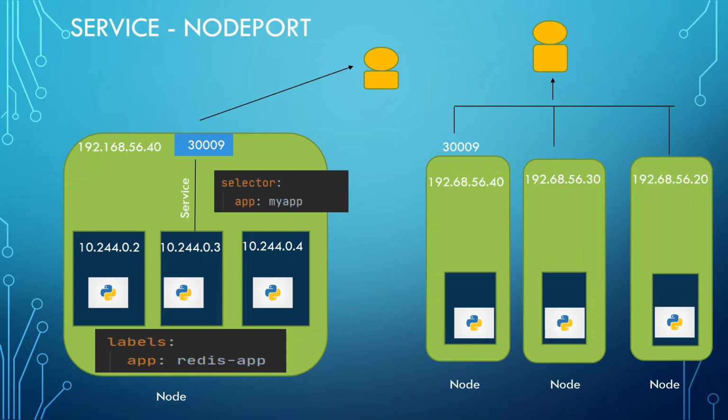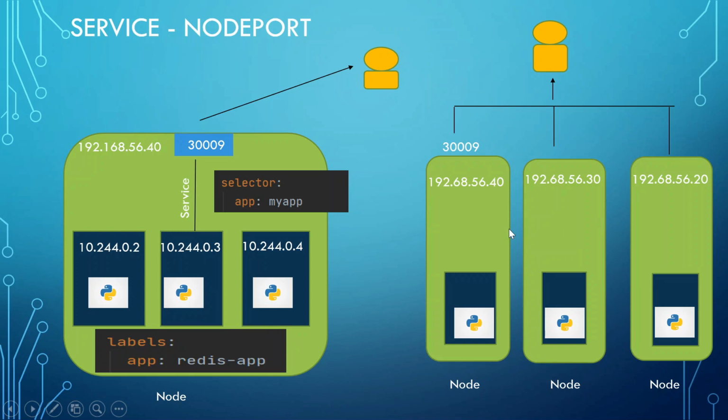What happens when you have a single node and multiple pods? Guys, nothing changes, because the principle is the same and the service works on the same principle. Even though we have multiple pods, they are all combined with the labels, and we are able to access the application through the node IP.